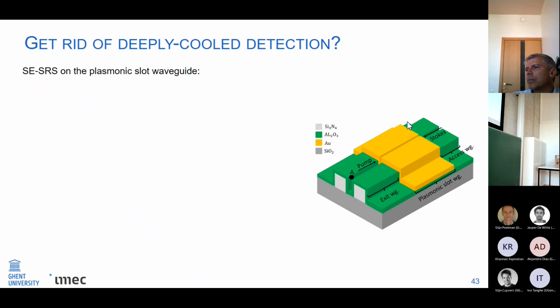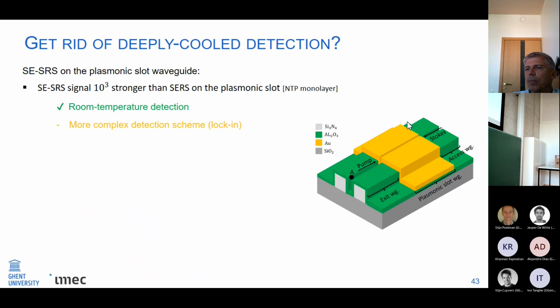So you can now combine plasmonic enhancement together with coherent Raman techniques. In this case, I explored SE-SRS on the plasmonic slot waveguide, which gives you a strong enhancement in the signal generation compared to the plasmonic slot for an NTP monolayer, and this allows you room temperature detection.